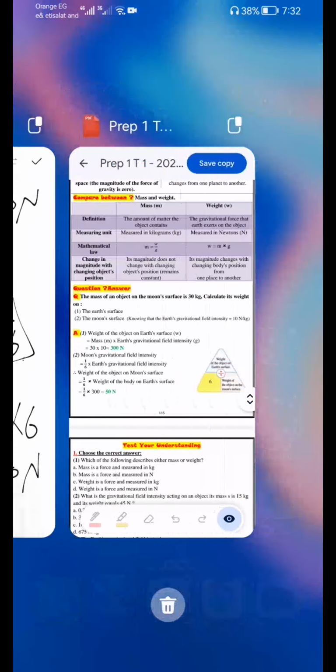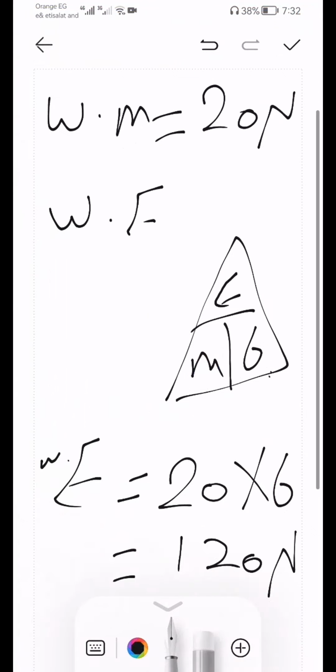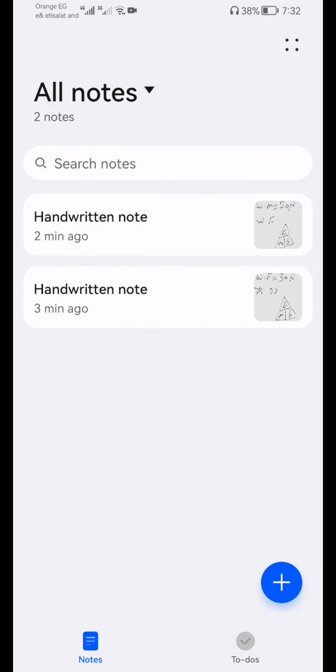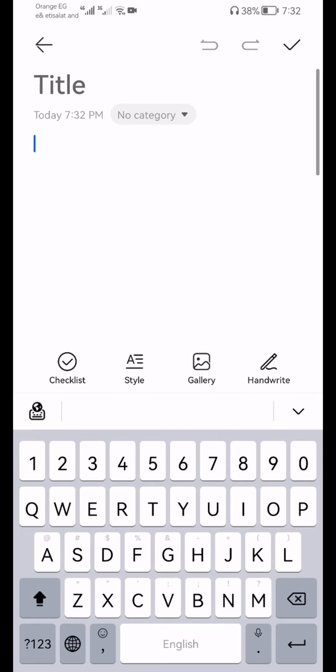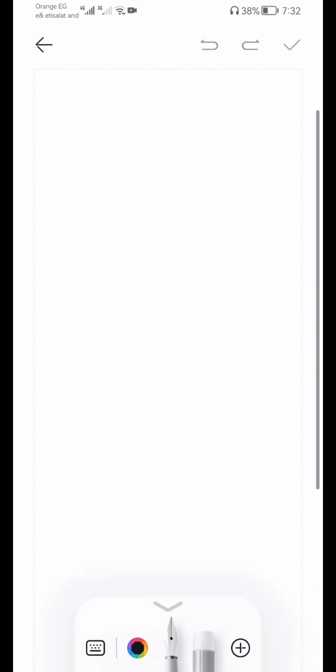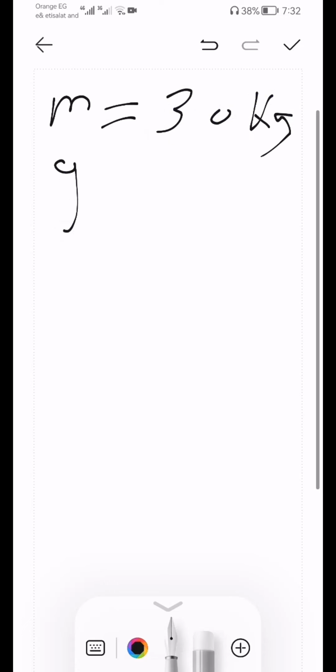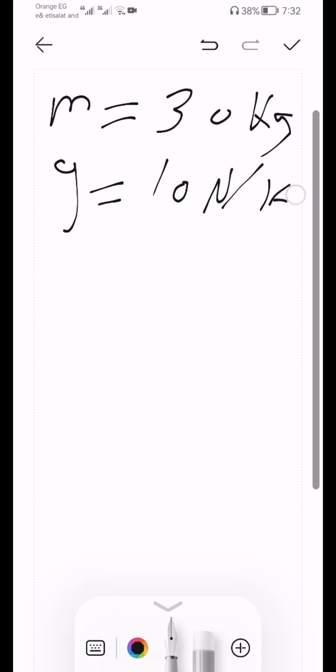So we have mass equal 30 kilogram, and G of Earth equals 10 Newton per kilogram.